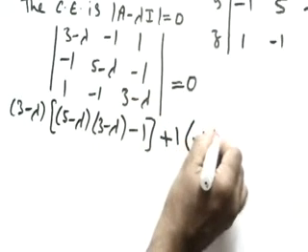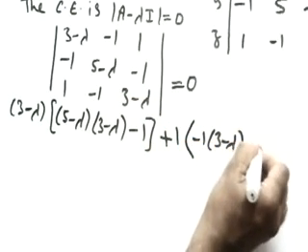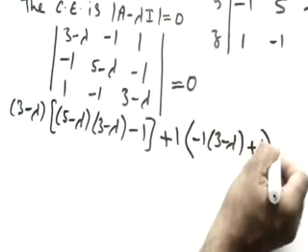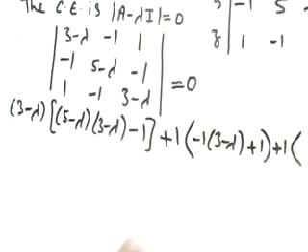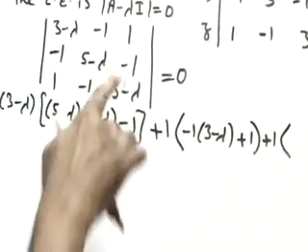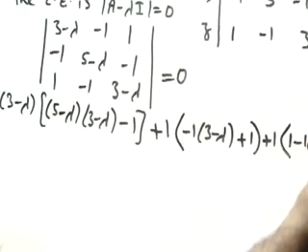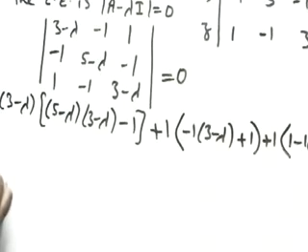Now hide this: -1 into 3 minus lambda minus 1 into -1, and again minus means this will be +1 into the last term: if you take 1, hide this, minus it as 1 into (-1) times (5 minus lambda), equals 0.